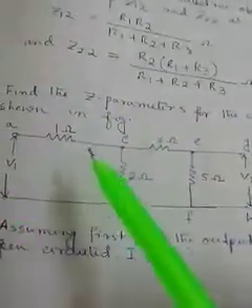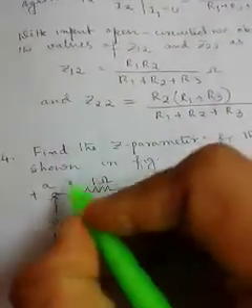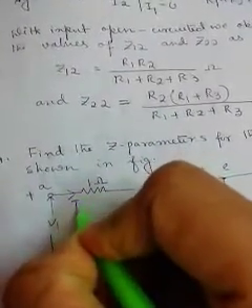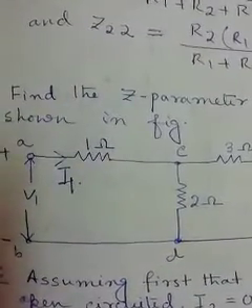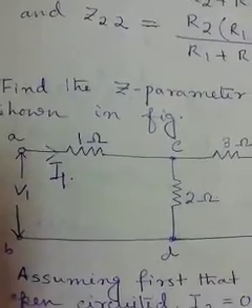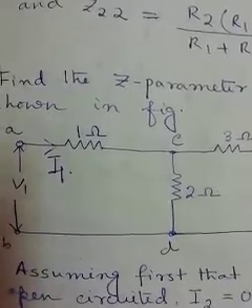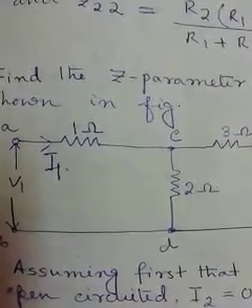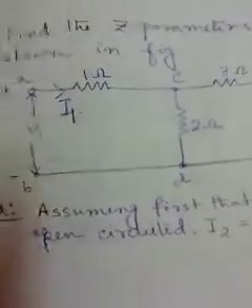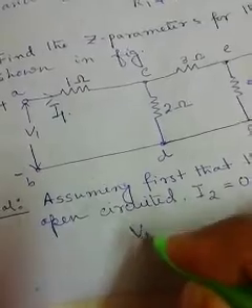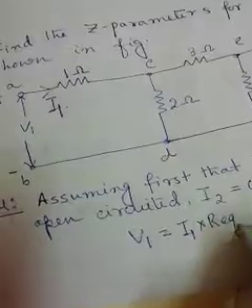First, if we concentrate on Z11, we can see that Z11 should be equal to V1 by I1. If we denote this current as the current flowing from the input port because of V1, then finding the ratio V1 by I1 gives us the value for Z11. So what is the relation between this voltage and current? We can write that V1 should be equal to I1 into R equivalent 1.